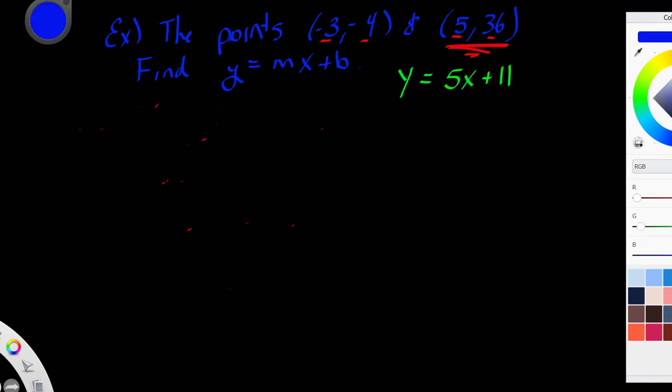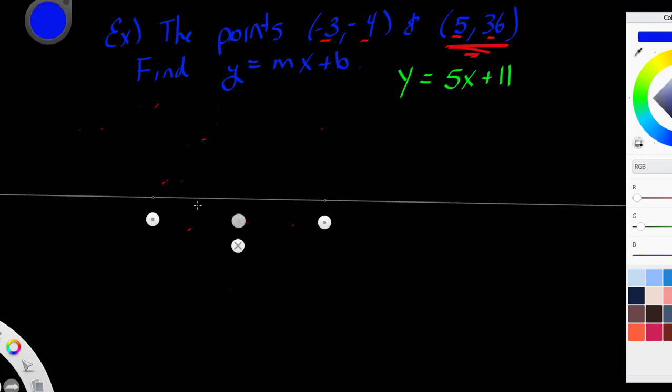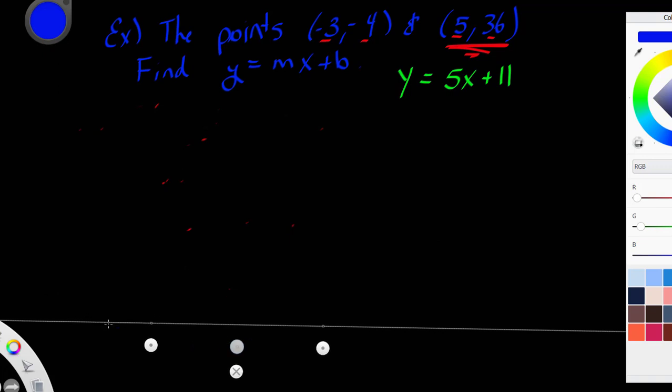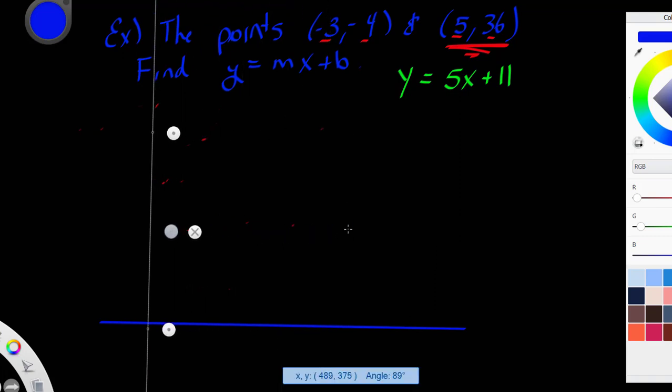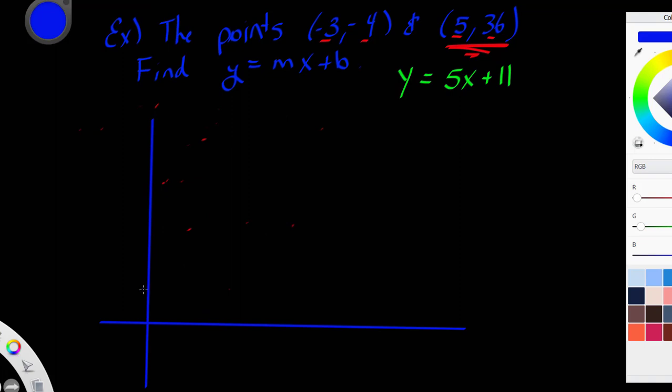So if we want to draw a graph of what this function would look like, we're going to have our x-axis, and then we're going to put our y-axis on there. So we know that we're going to hit 1, 2, 3, 4, 5, 6, 7, 8, 9, 10, 11. We're going to hit the y-axis at 11. That's our y-intercept.